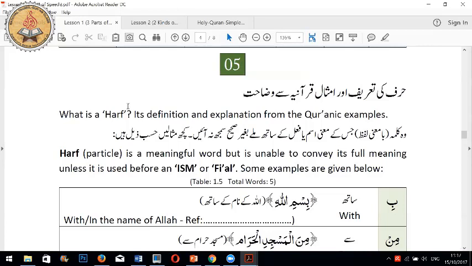When I say least important, I mean the number as compared to fi'l, verbs, and nouns, they are very limited. That is why, though they are important in their usage, according to number they are very limited. Very few are there as compared to nouns and fi'l.